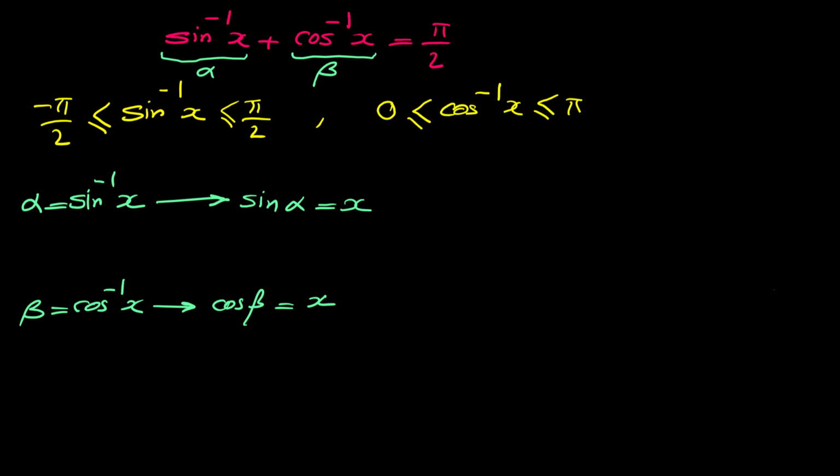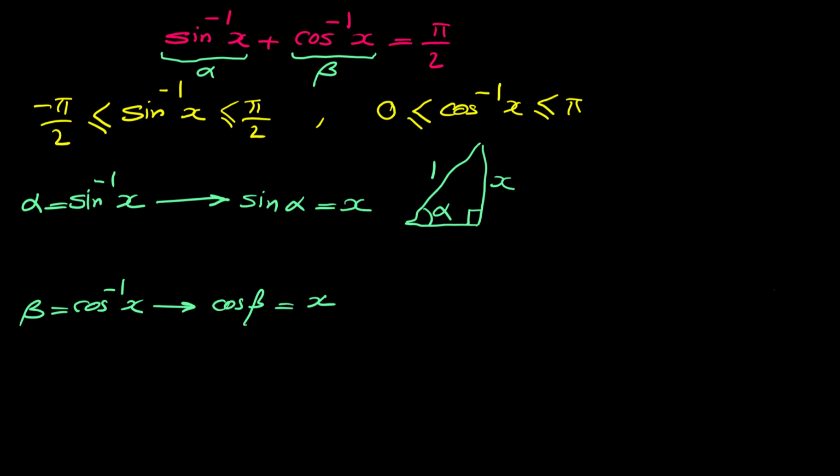Now let me draw a triangle for each of these angles, alpha and beta. Suppose this is a right triangle, and this angle is alpha. Because sine of alpha is equal to x, or x over 1, the opposite side to alpha is x, and the hypotenuse is 1, because sine is opposite over hypotenuse. With the Pythagorean theorem, we can find the length of this side of the triangle.